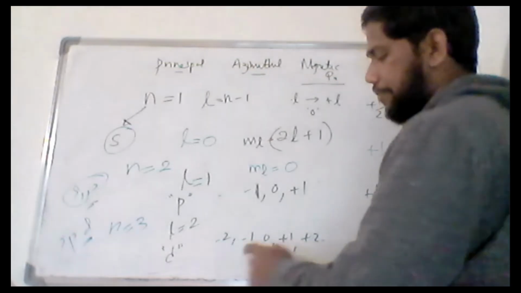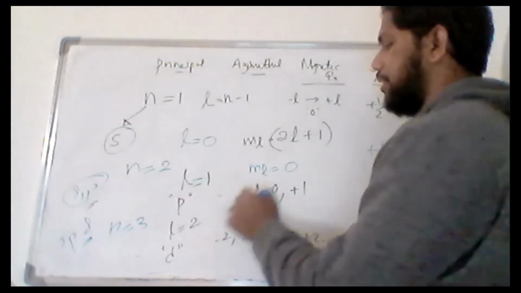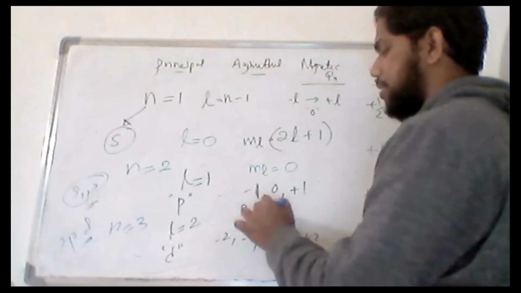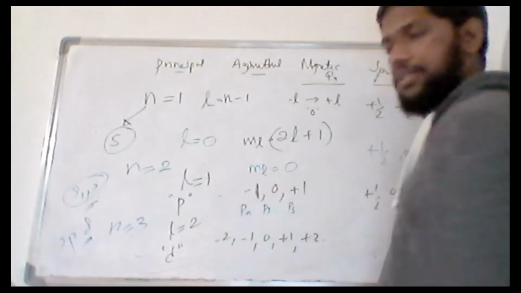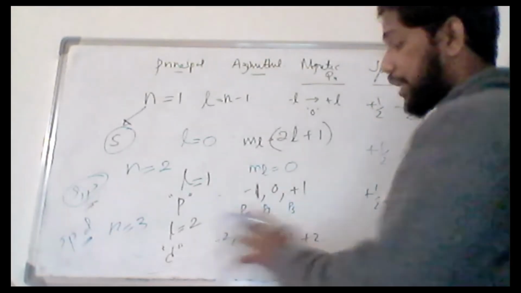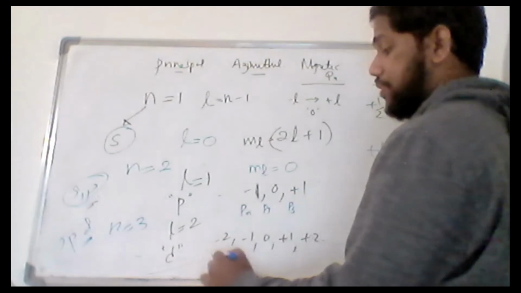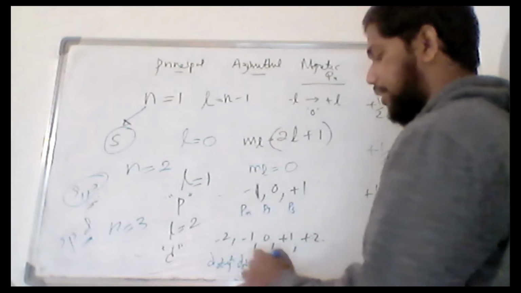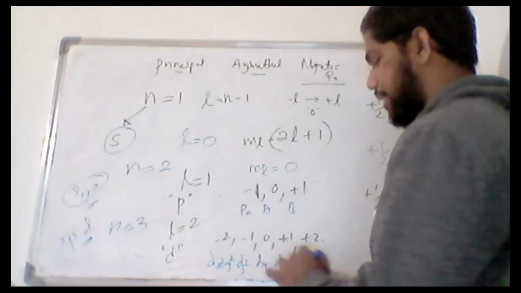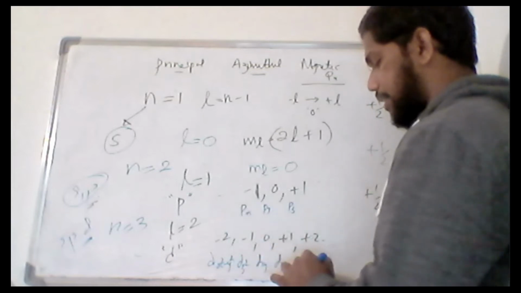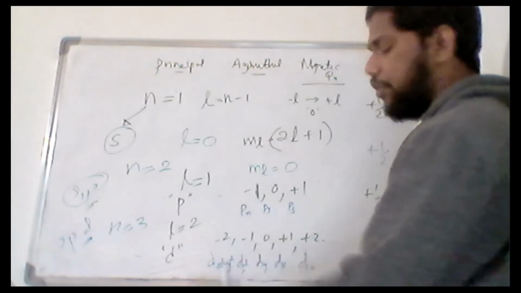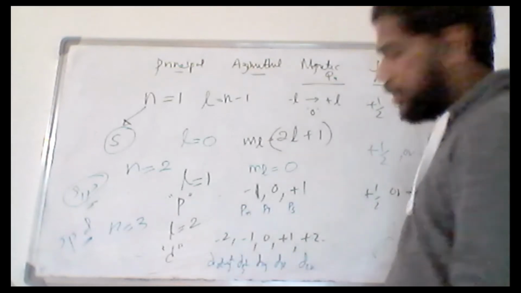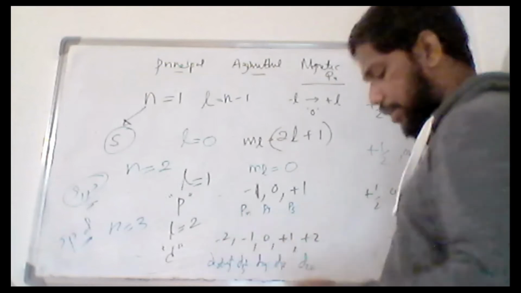So you have 5. So in principle, this will be like Px, Py, Pz orbitals for P electron. For D electron, this will be like dx squared minus y squared, dz squared, dxy, dyz, dzx. So these are the 5 orbitals that are present in D. So these are the values that you can have.